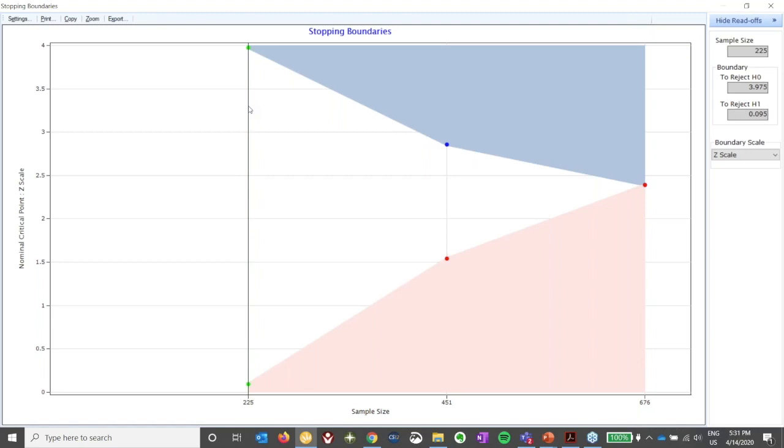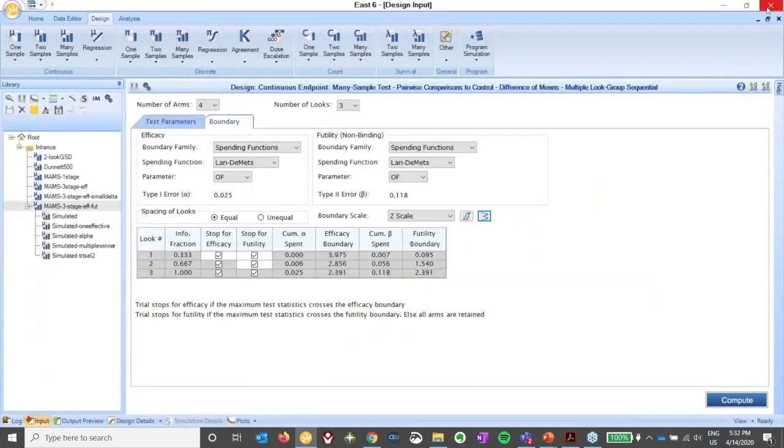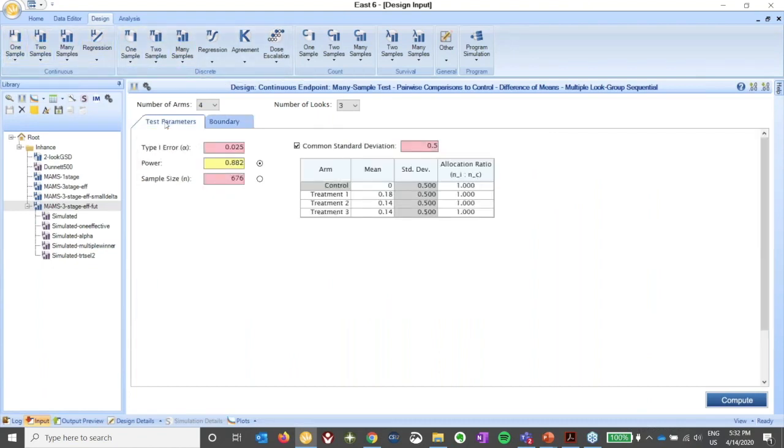In other words, if the Z statistic is less than 0.09 at the first look, 1.5 at the second look, or of course at the final look we have the same threshold as the efficacy boundary. So with the same sample size, if I introduce the futility boundary, we have a drop of about 2% on the power, okay? And this is by introducing the futility boundary.